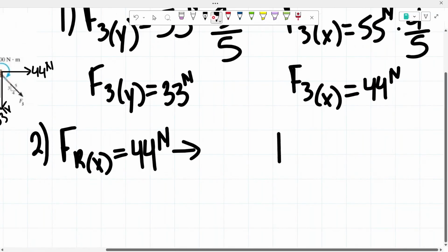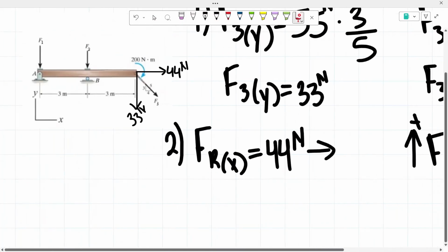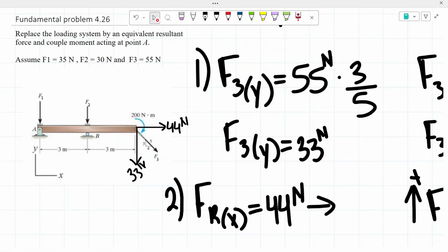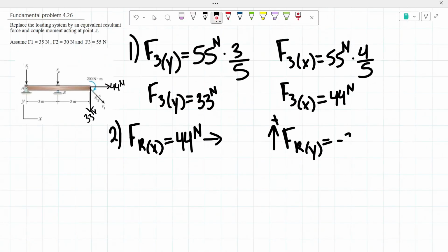Remember your sign convention, upwards positive. So FRy is equal to, and you can see that all of our three forces are going downwards, so they're going to be negative. We're going to have negative 35 minus 30 minus 33. Let's write that out. Negative 35 minus 30 minus 33.